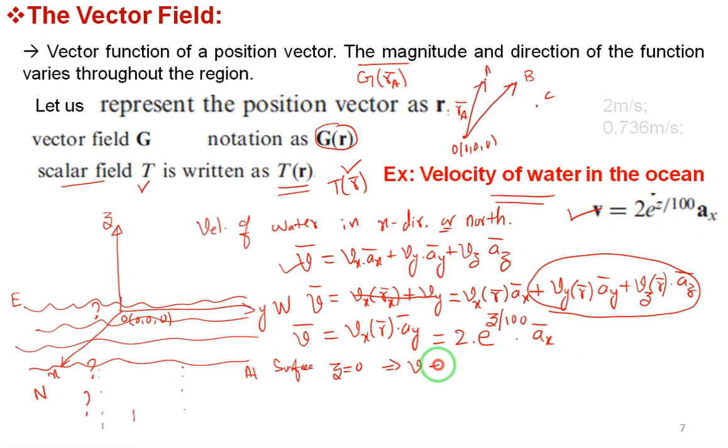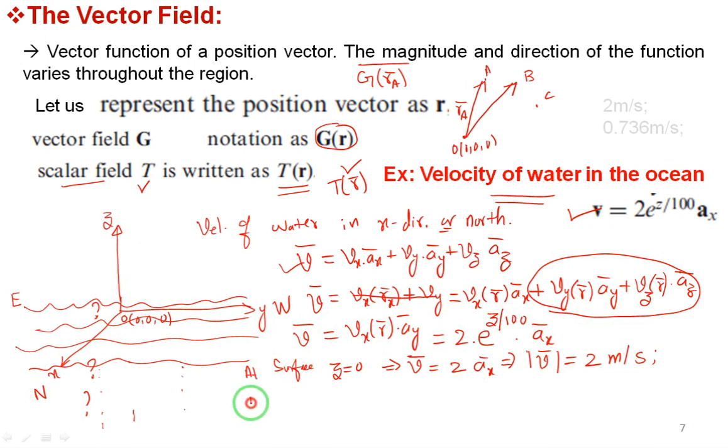So the velocity I get is 2 Ax vector, because e to the power 0 is 1. If I want the magnitude, it is nothing but 2 meters per second.